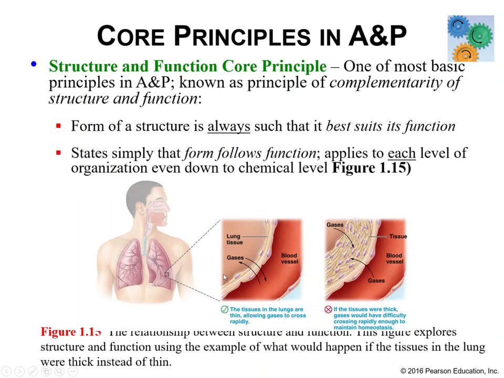We need a very thin layer of cells, and so it's just a 2-cell layer thick membrane, 1 cell from the blood vessels, 1 from the lung tissue, so gases can easily move across. We would not want a super thick, multi-layered cellular membrane between the cardiovascular and respiratory systems. Otherwise, the gases would not be able to diffuse in and out.